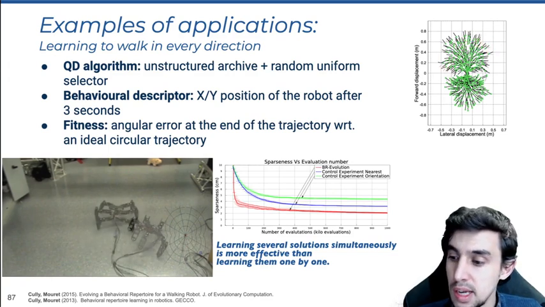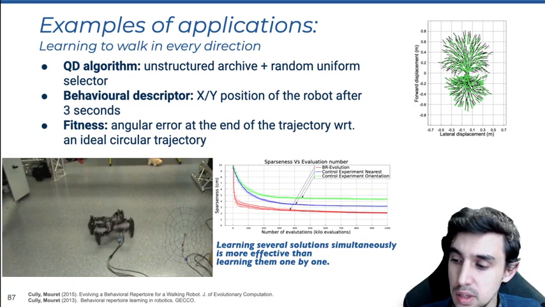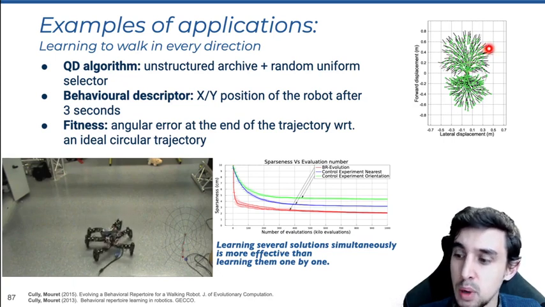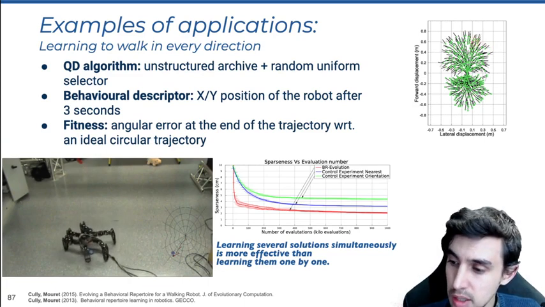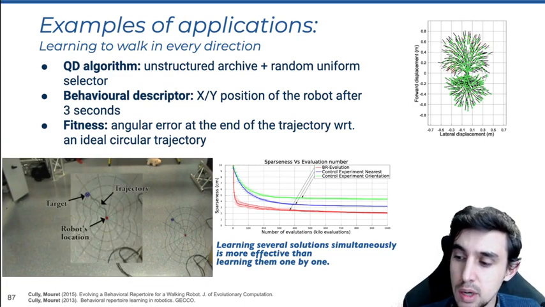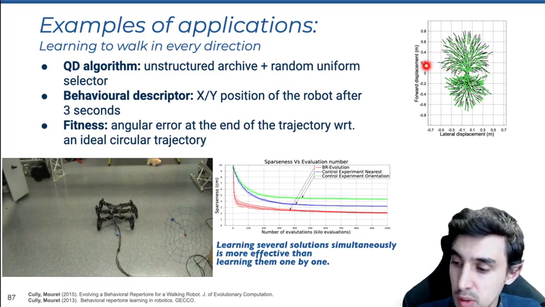Because we can just say in the fitness, I want solutions that reach this target point, and that's it. And that can become your fitness. And you can run an ES algorithm with different fitness in order to generate the same collection.